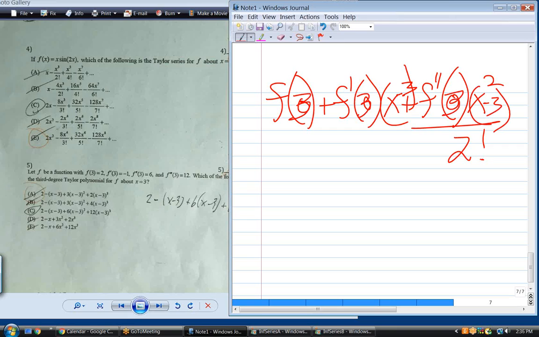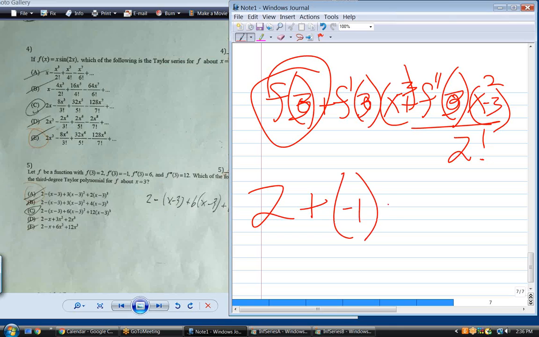Apologize for that mistake. There. Can you read all that? You understand what I'm doing here? Okay. Well, they give us that number: f of 3 is 2. They give us f prime of 3, which is -1, and what must go with that is x minus 3.